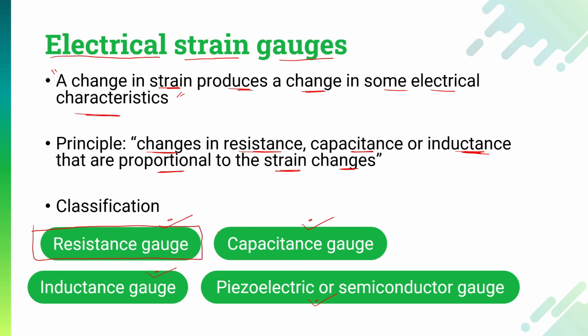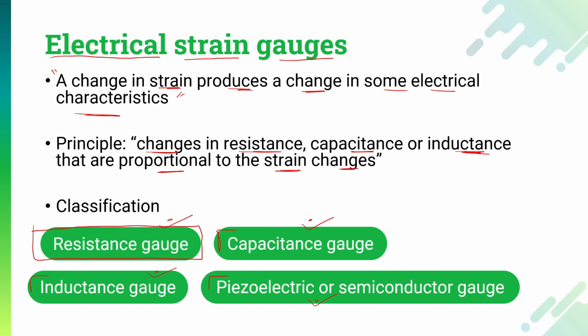The capacitance type and inductance type strain gauges have some special applications. They are not most commonly used, but they do have some special applications. And thirdly, the piezoelectric and semiconductor strain gauges also have limited applications. These strain gauges will be studied in the later parts.